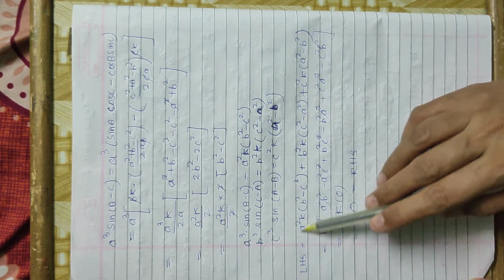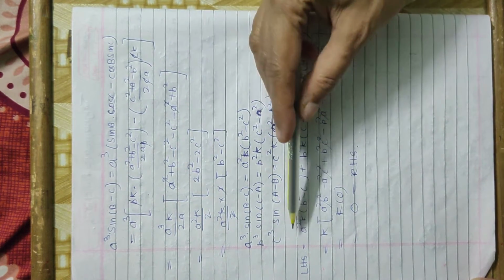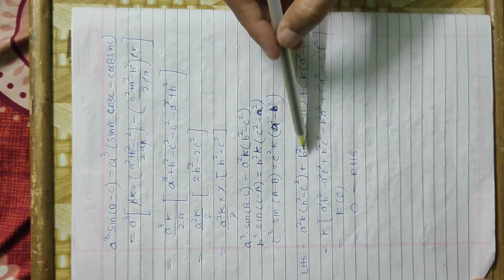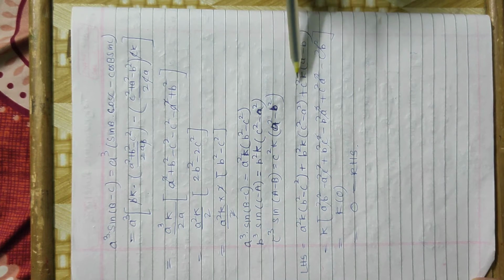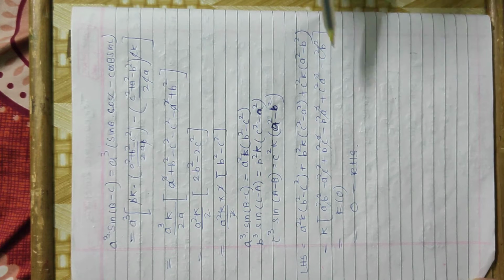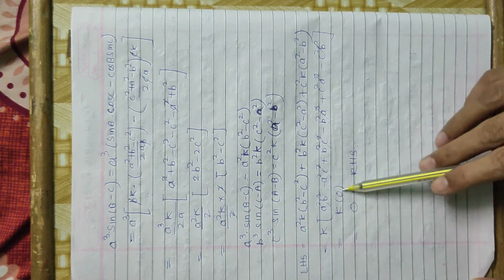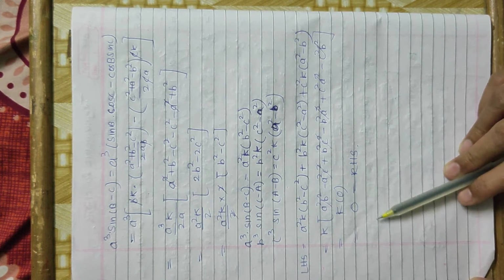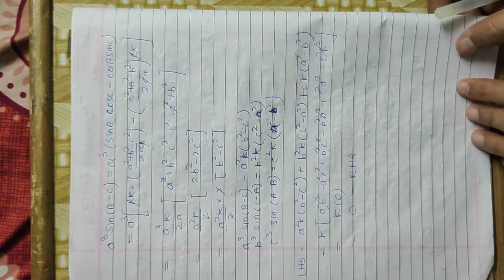After taking k common, open the bracket: a square b square minus a square c square plus b square c square minus b square a square plus c square a square minus c square b square. Now see what gets cancelled. Each term gets cancelled, so k into 0 is 0. So we wanted to prove only that LHS equals RHS, which is 0.